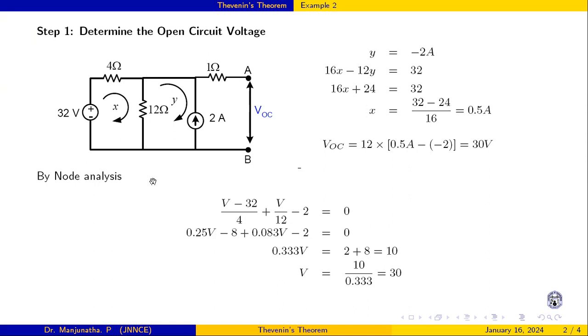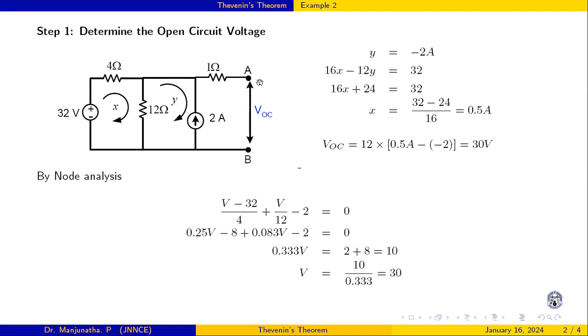Then V by 12, another current. Then one current is coming to this node, that is minus 2. Simplifying, V by 4 is 0.25 V, 32 by 4 is 8, V by 12 is 0.083 V, minus 2. In this way, we simplify and determine this is also 30 volt. You can apply node or mesh.